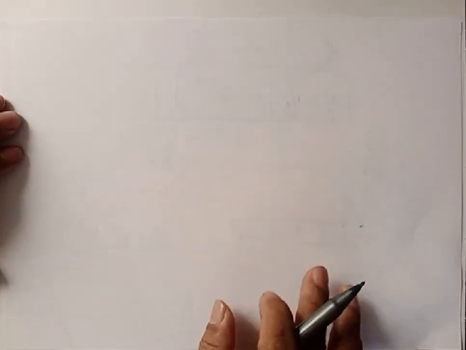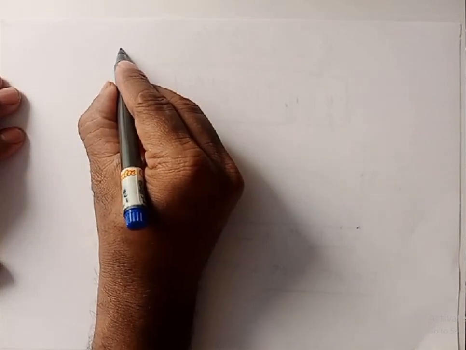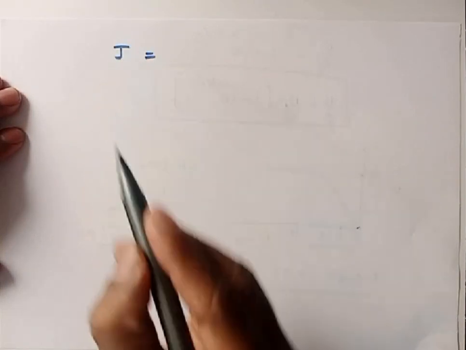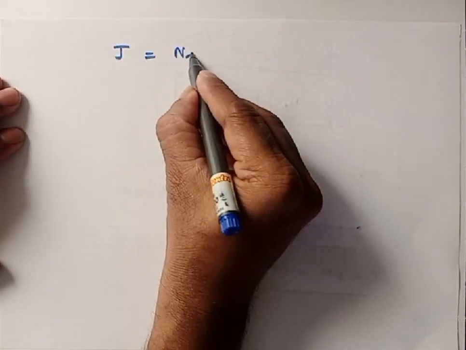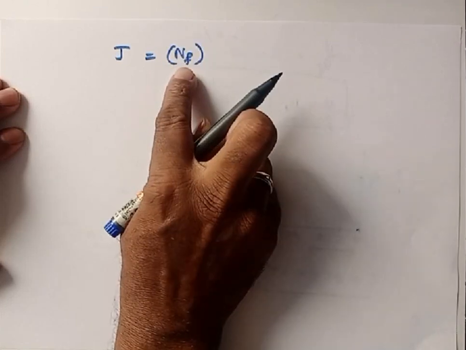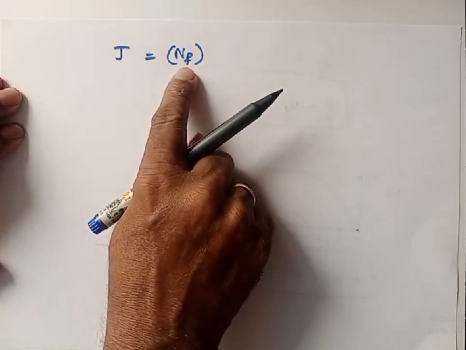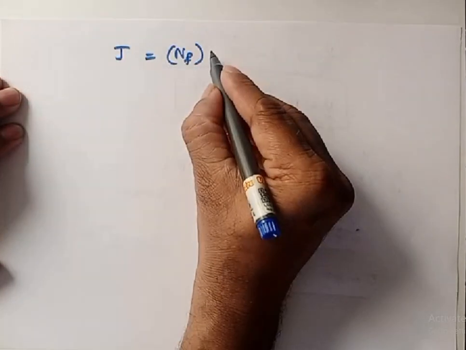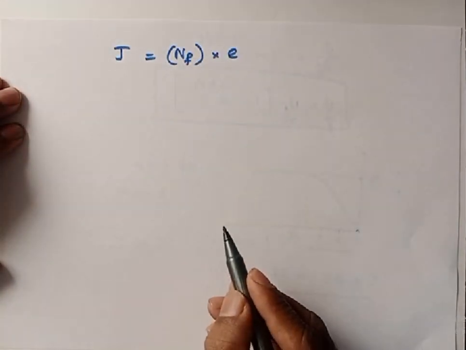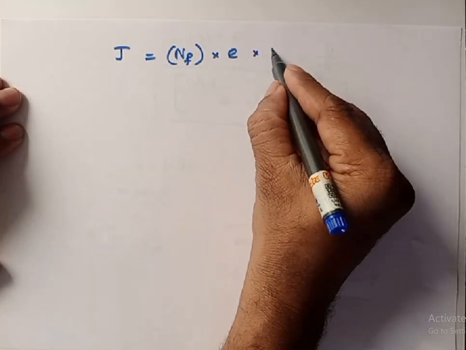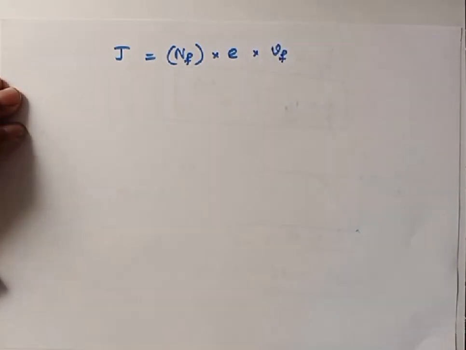Now I'll go back to the current density expression. So what is current density? You know very well. Current density J is equal to the number of free electrons per unit volume, which we can calculate for a given metal, into the charge on each electron, into the final average velocity of the electron.